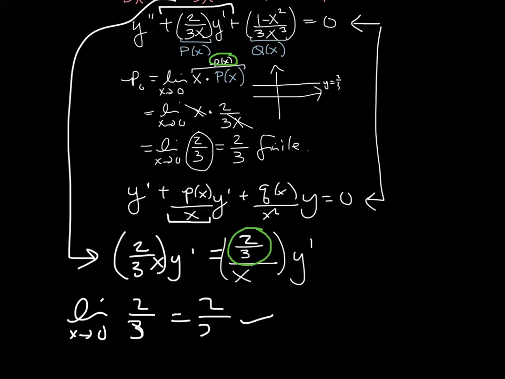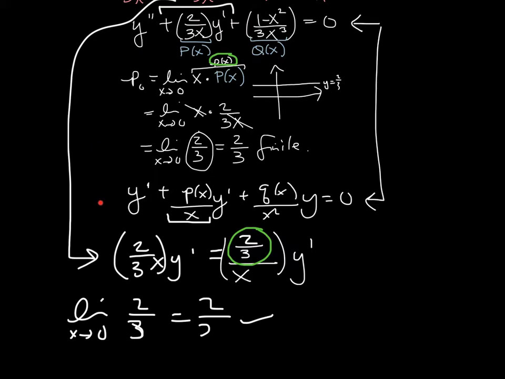Some students don't want to do this part. It's really up to you. If you're comfortable manipulating the expression so that you have x in the bottom and then you're just taking the limit of your little p of x, that's completely fine. And then you can do the same thing with x squared.